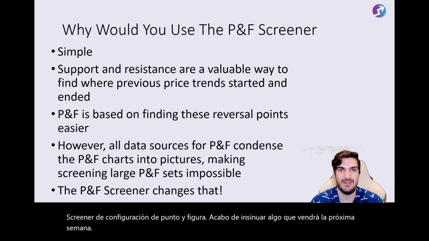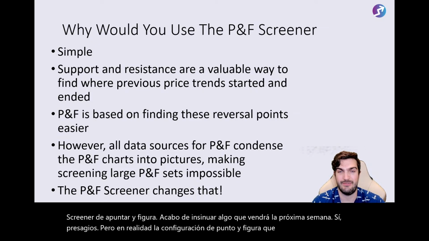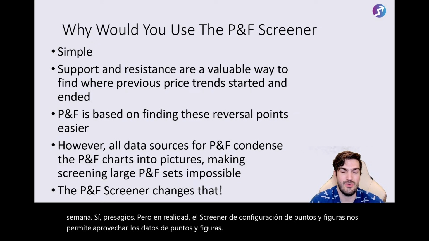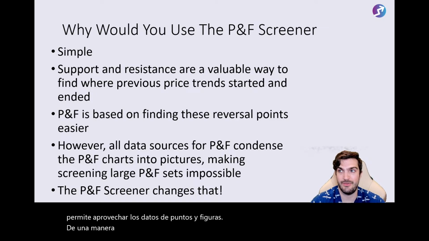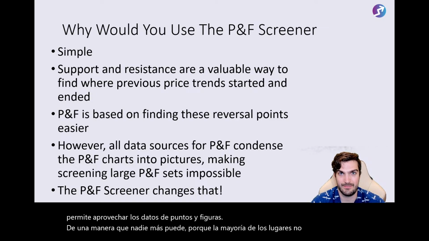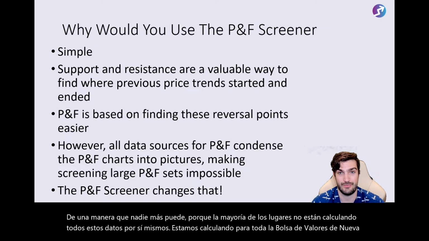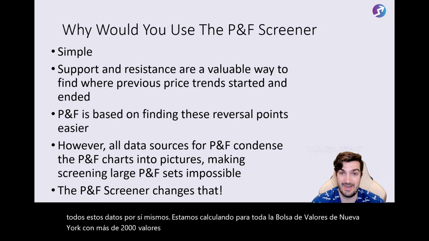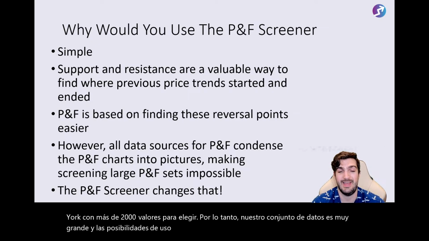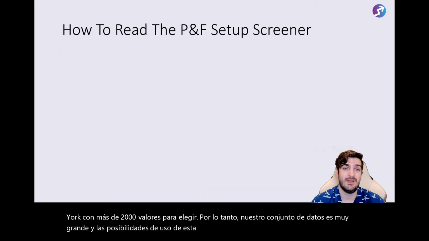But in reality, the point and figure setup screener allows us to leverage point and figure data in a way that no one else can, because most places aren't calculating all of this data themselves. We are calculating it for the entire New York Stock Exchange with over 2,000 securities to choose from. So our data set is very large, and the possibilities for using this tool are endless.